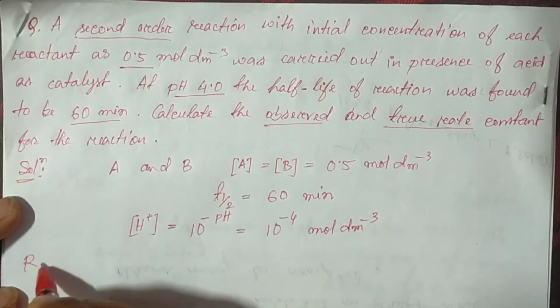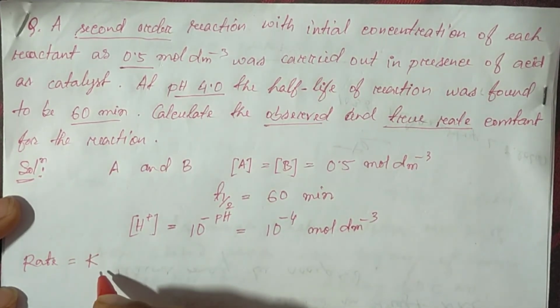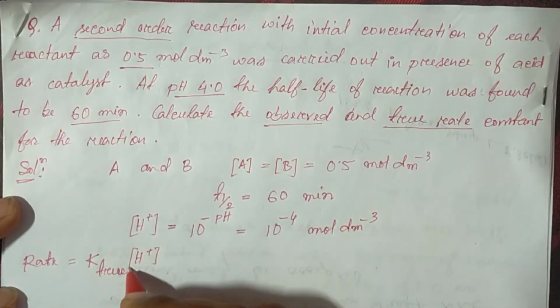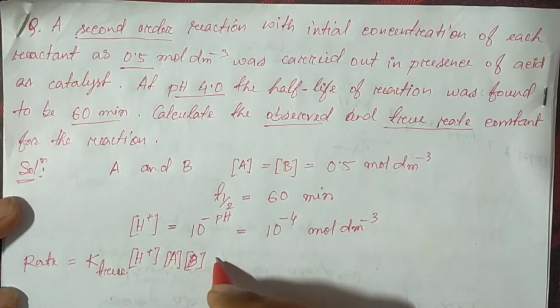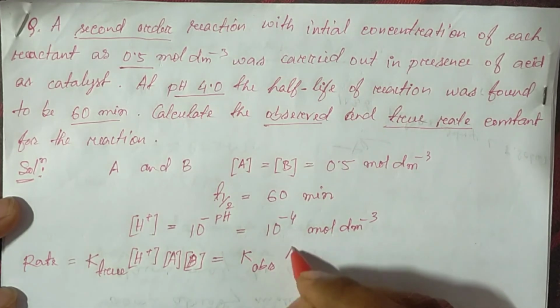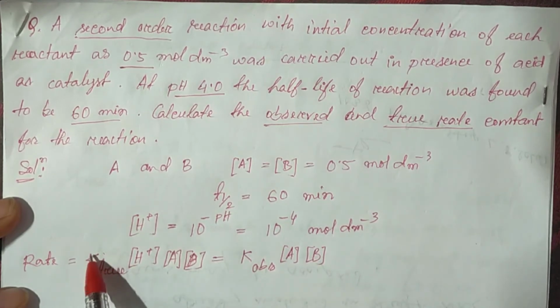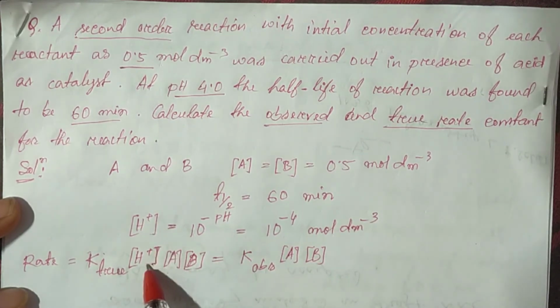So here, rate is equal to K true, concentration of H acid and concentration of B, is equal to K observed, concentration of A and concentration of B. So when it is true rate constant, the concentration of H, that means acid, is included.